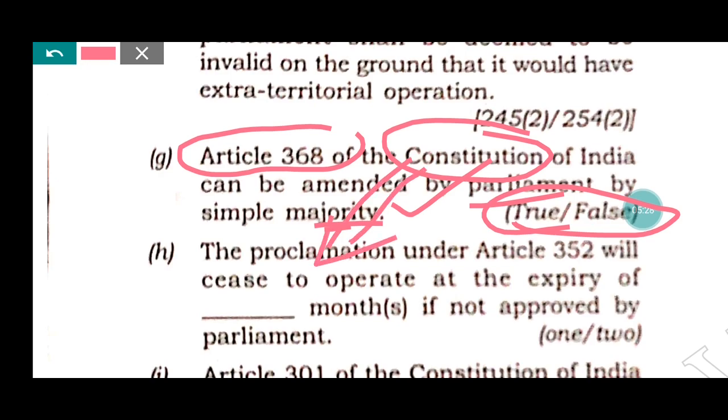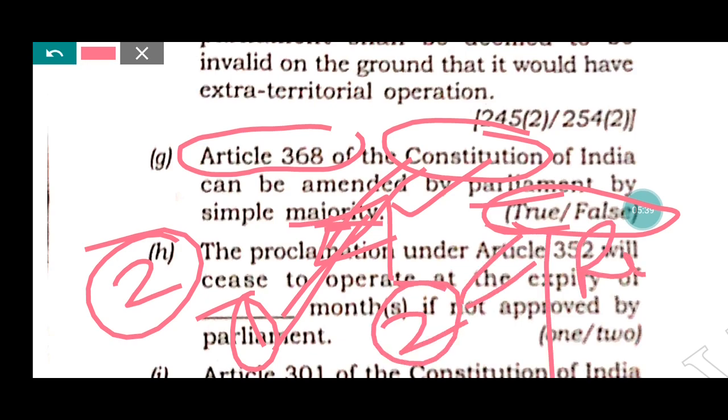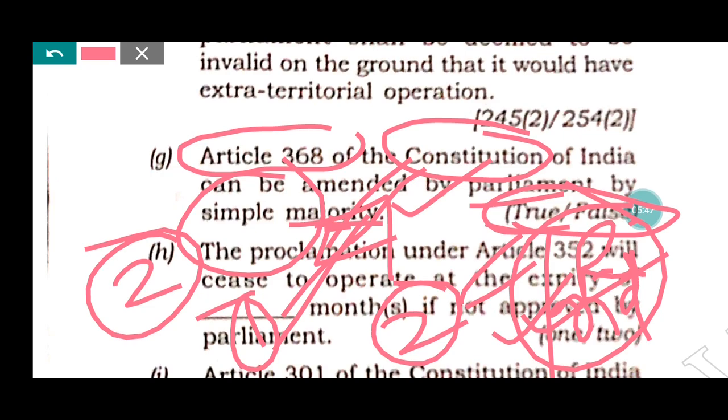That is, the Constitution can be amended in two ways. Number one is in a flexible way, that is by simple majority, and number two is in a rigid way, that is there must be huge support to amend the Constitution. So this one is true. This can be amended by simple majority.